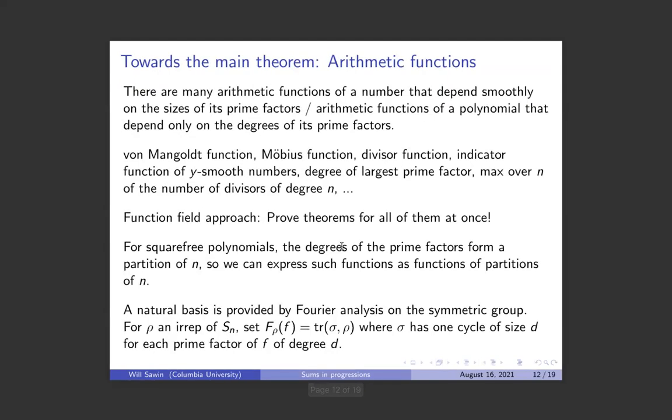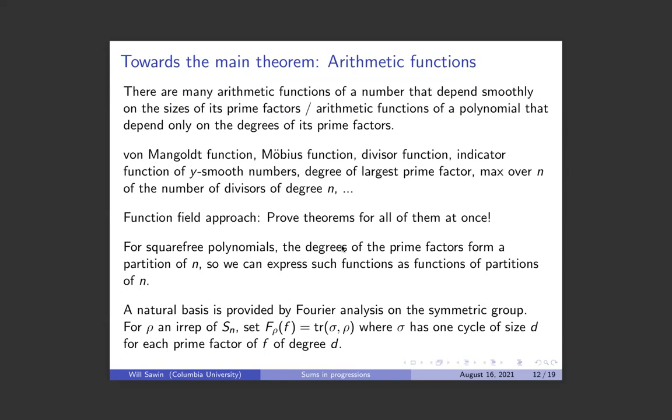Okay, so now I want to say a little bit about the algebraic statement that you can specialize to these different things. I'm going to go back to looking at things a little more classically, not probabilistically, but in terms of summing arithmetic functions.